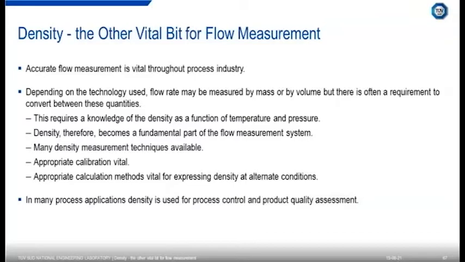We've seen that there are a number of density measurement techniques available, but that for any of these, as with any measurement technique, appropriate calibration is vital. There are also a range of calculation methods for expressing density at alternate conditions, particularly for liquid applications, both for measurement systems and for calibration applications.